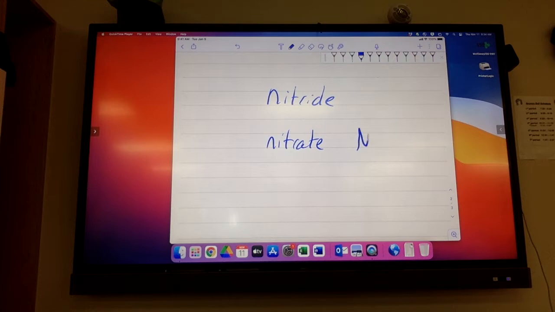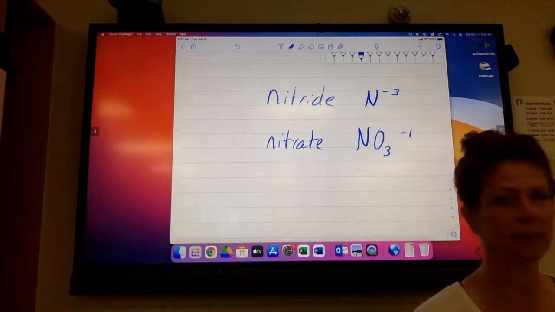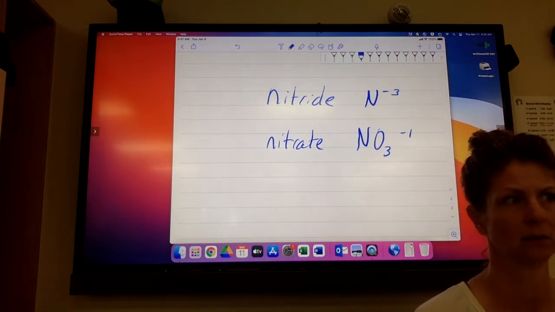Okay, so NO3 with a -1 is nitrate, right? What's nitride? I'll give you a hint. This is what you've been working with. What is it? Yeah, it's just N from the front of the periodic table with a -3 charge. Remember, nitride is what we've been doing.